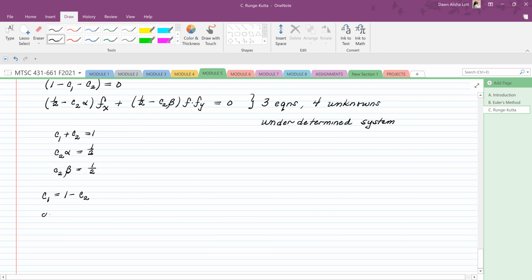And then alpha equals beta, and that is a half C2. So therefore, if we do that, our Tn of y bar will be order h cubed. So we need to choose C2 to minimize the O of h squared error.